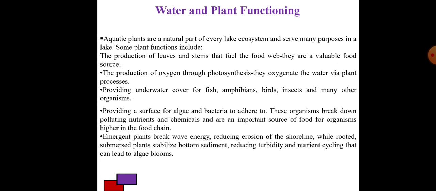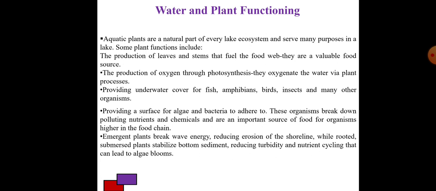Also providing a surface for algae and bacteria, and these organisms break down polluting nutrients and chemicals and are an important source of food for organisms higher in the food chain.